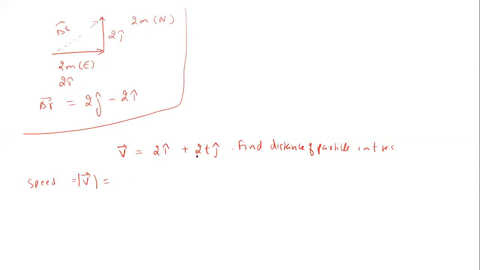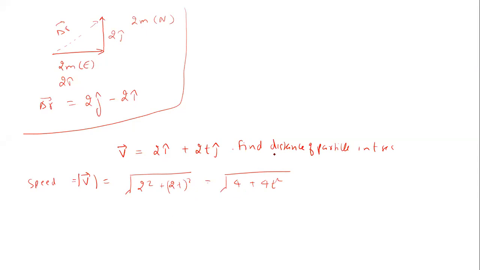Velocity is given by 2 i cap plus 2t j cap. Speed would be mod of v, which means square root of 2 square plus 2t whole square, which means square root of 4 plus 4t square. This is the speed of the particle.